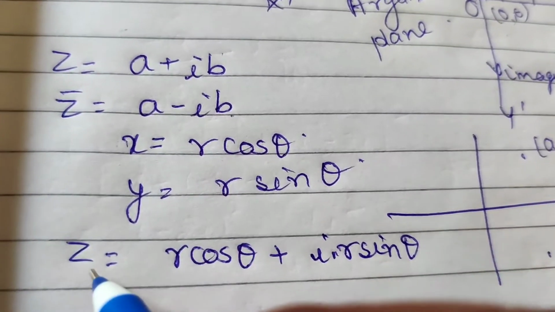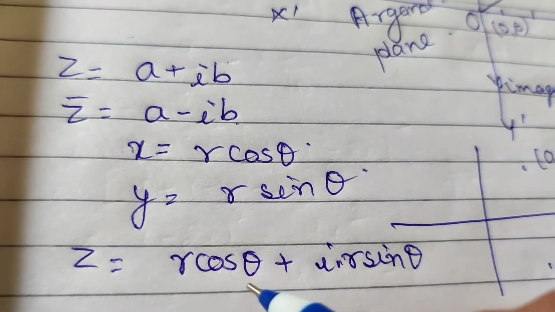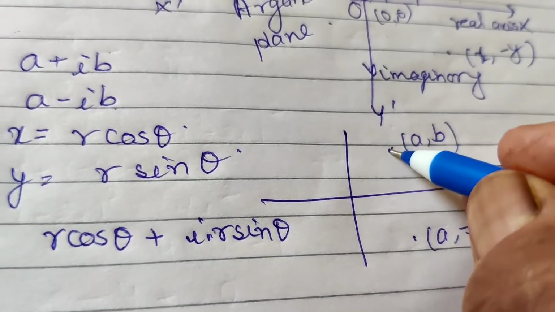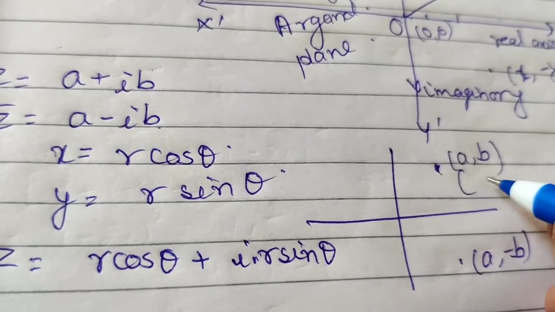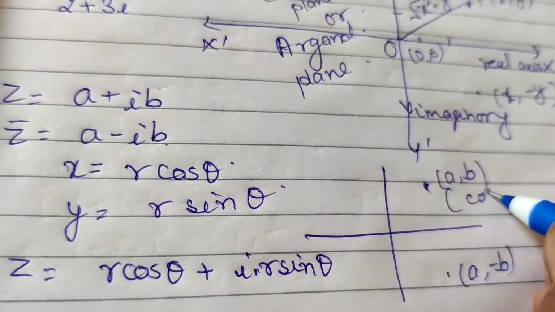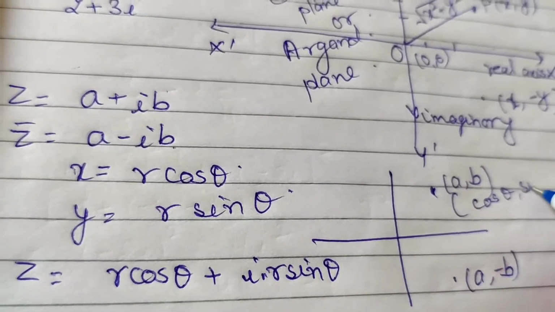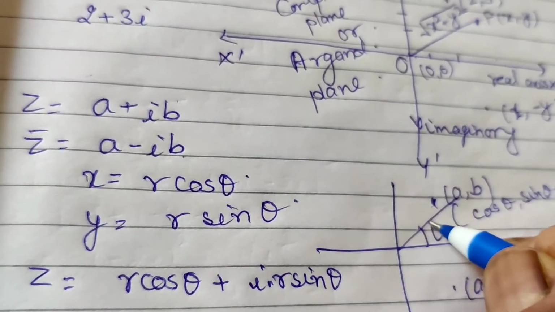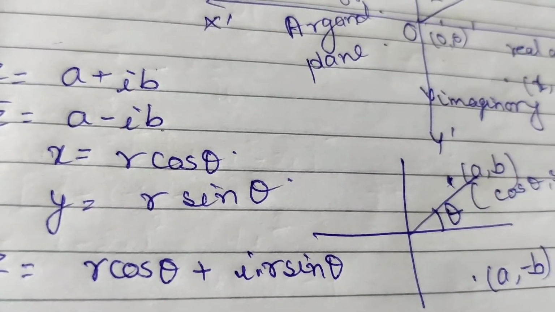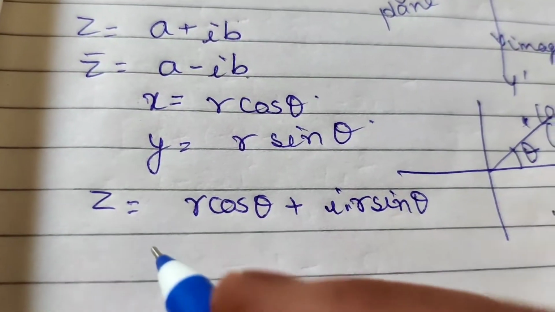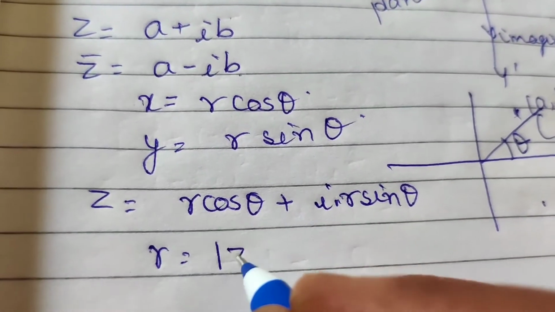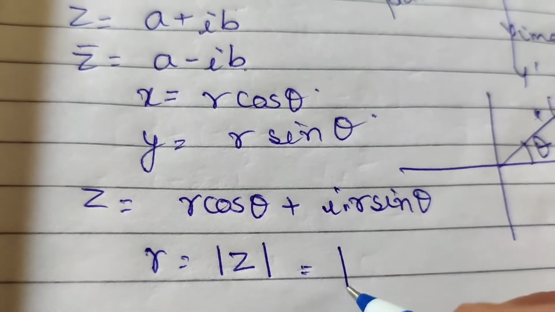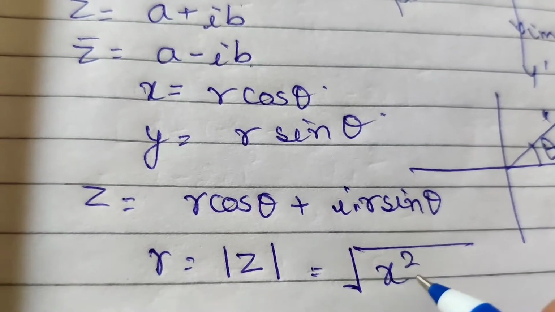The coordinates of this point are r cos theta and r sin theta, and the angle is theta. The distance r is represented by the modulus of z, where r is equal to √(x square plus y square).